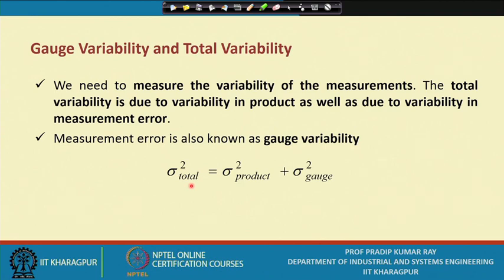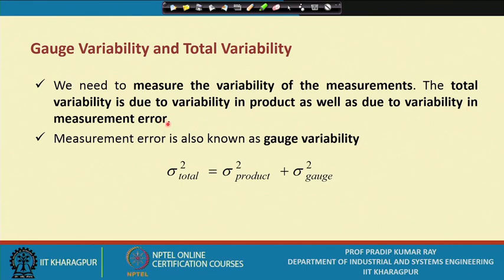The total variability, first you have to define the total variability. Total variability is due to the variability in the product, that is most important in fact, variability in the product itself. Because in reality what you are trying to do is producing a certain dimension. Now this dimension you are producing physically. So that is basically the variability in product, as well as the variability due to measurement error.